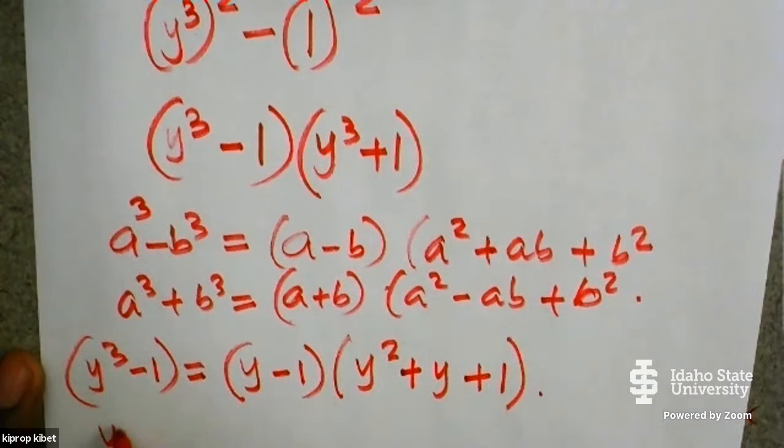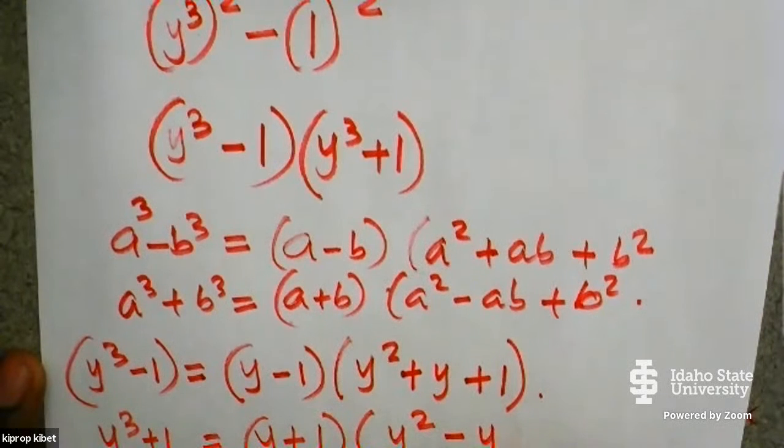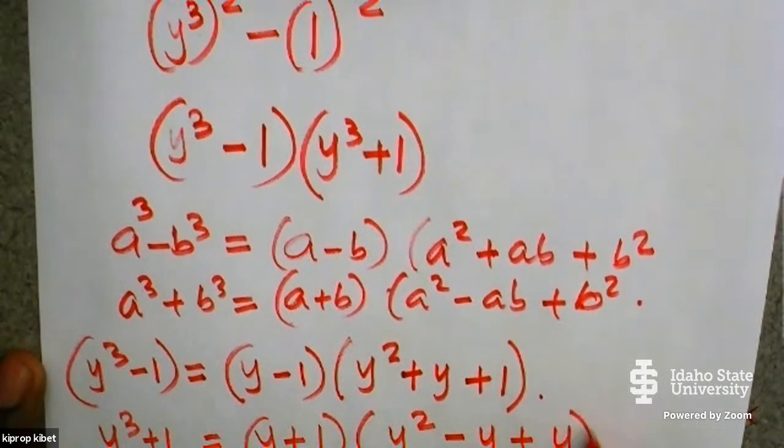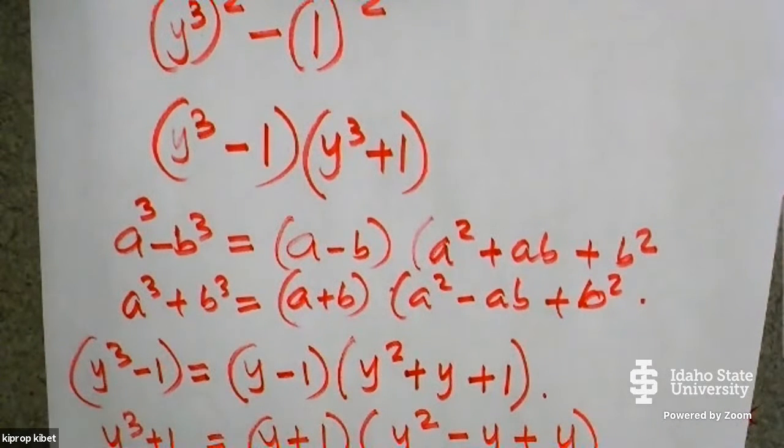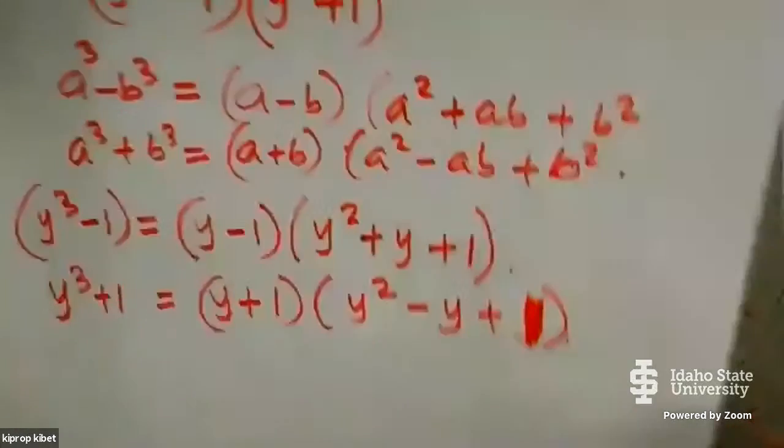The one for y cubed plus 1 is equal to (y plus 1)(y squared minus y plus 1). Oh, sorry, is it plus? Yeah, never mind.